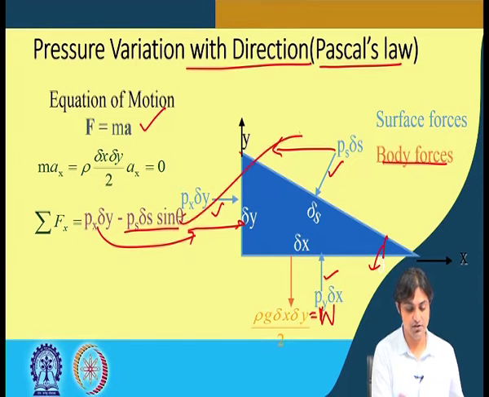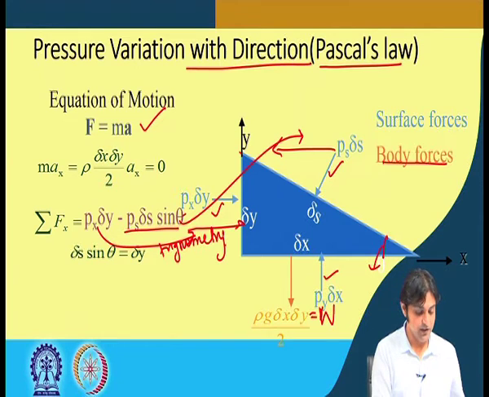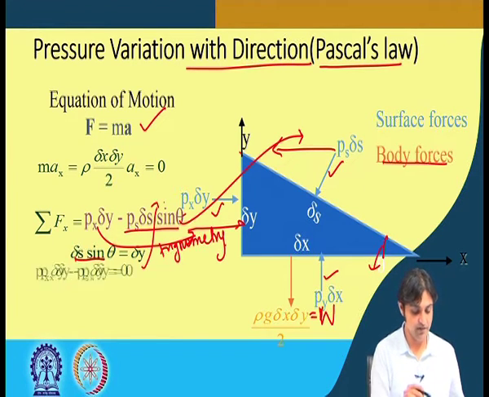We also know that delta s sine theta is equivalent to delta y because of trigonometry, right? Therefore, if we put delta s sine theta as delta y here, we are going to get Px delta y minus Ps delta y.